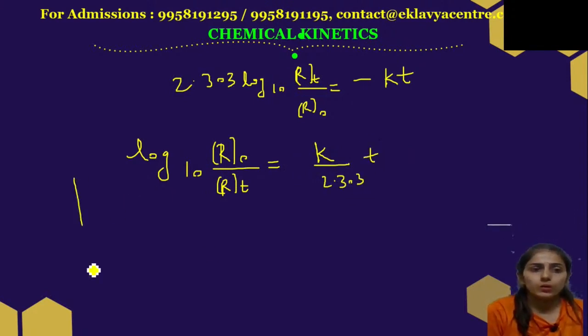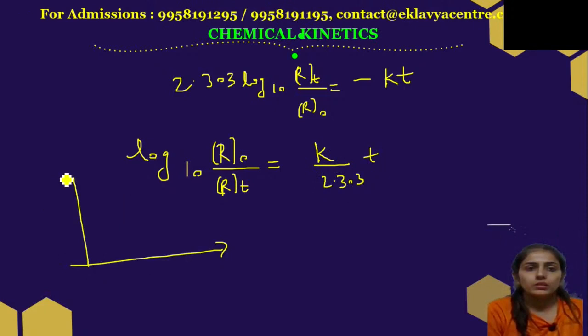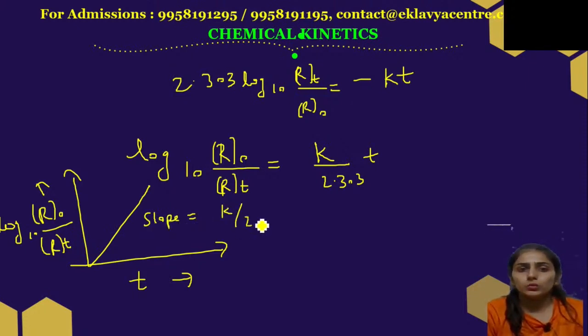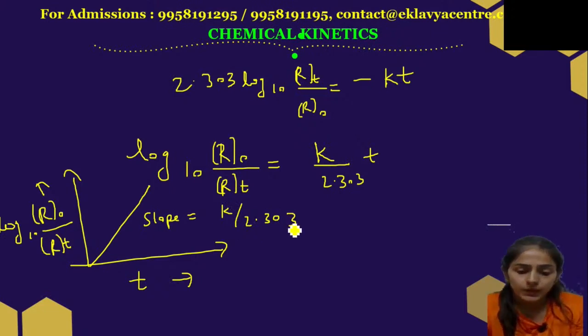So now if you draw a graph of log base 10 R naught by Rt versus time, you will get a straight line with a positive slope, whose value is K upon 2.303. So it depends what type of graph you get in the exam. Accordingly, you can find the value.